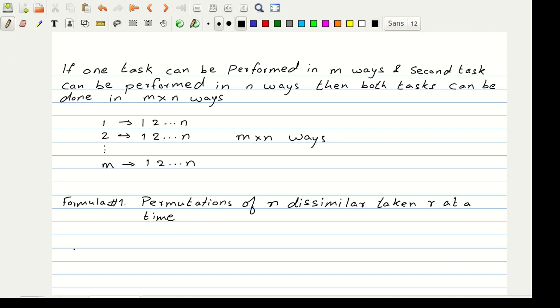As an example, we have A, E, I, O, U. These are 5 dissimilar things, and we wanted to arrange them in groups of 2. So we were taking 2 at a time. So r is equal to 2. So n is equal to 5 and r is equal to 2.